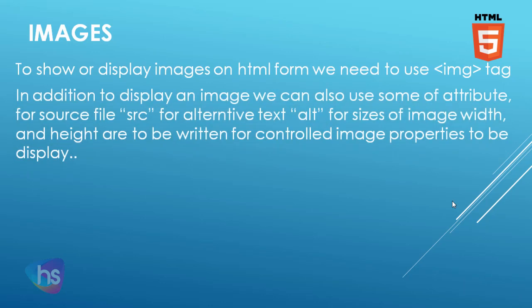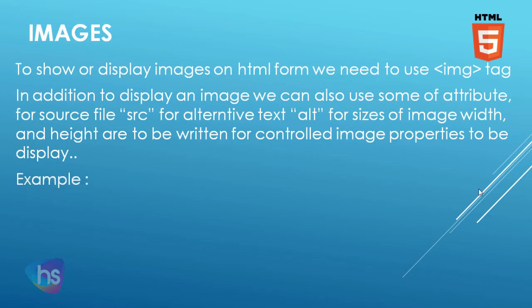In addition to displaying, we can also use some attributes: for the source file, src; for alternative text, alt; for sizes of the image, width and height, to be written for controlling the image properties to be displayed.